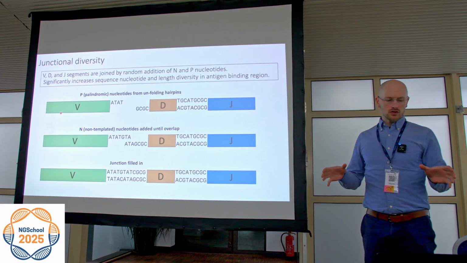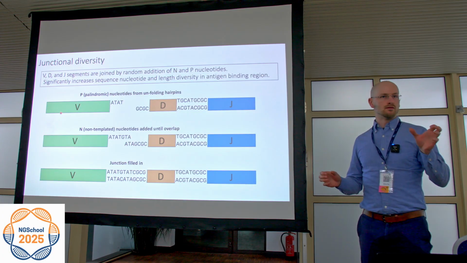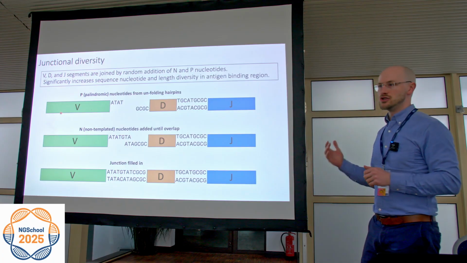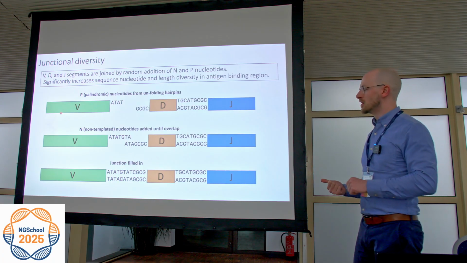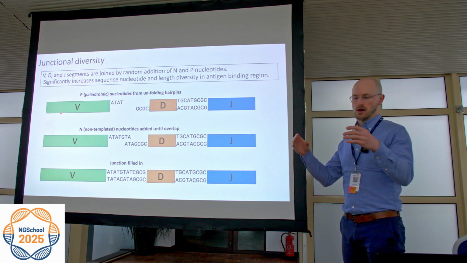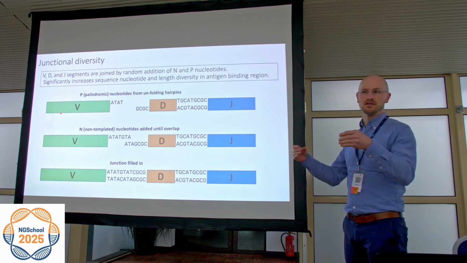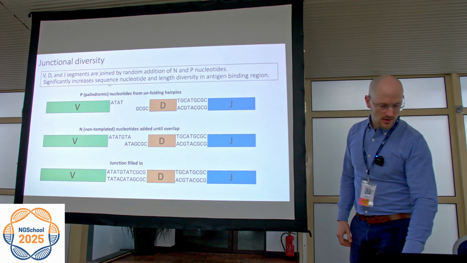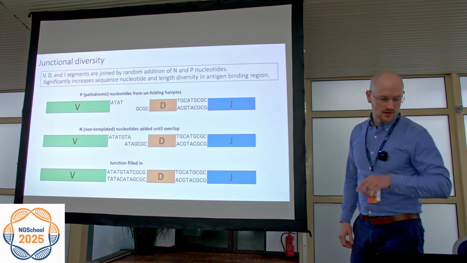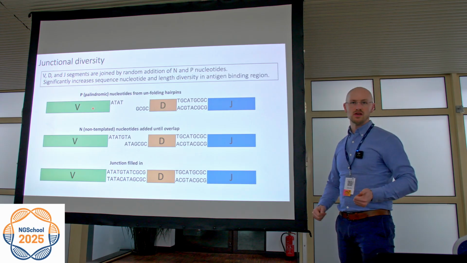So in addition to the combinatorics of finding different V genes, D genes, and J genes, there is also what's called junctional diversity, which is created by the process of stitching these different gene segments together. So the way these are joined together is through what are called N and P additions.